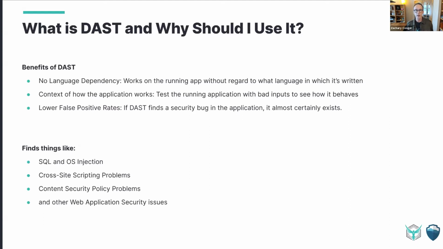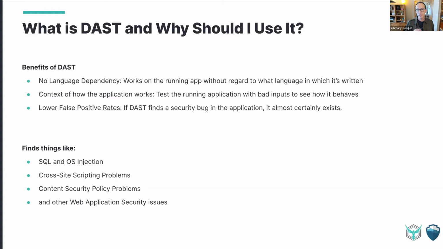It's more of a black box tool, and it deals more in the context of how the application works. So if you have vulnerabilities that a static analysis tool might find, the dynamic scanner is only going to find them if those code paths are actually exposed and present in your running application.